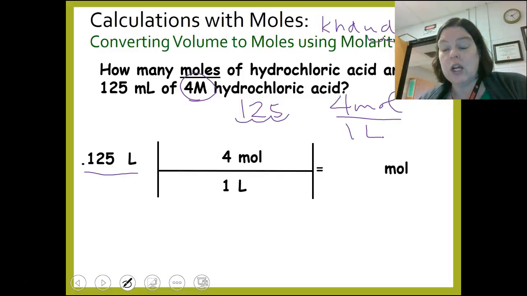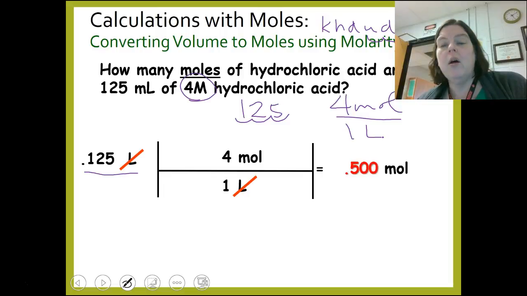That's a little change. So liters cancel out. We have 1.25 times 4 and we get 0.500 moles. That's how many moles of hydrochloric acid are in that many milliliters if it's 4 molar. That's really important for other calculations later on because we use a lot of solutions, and that's going to come in handy for us.